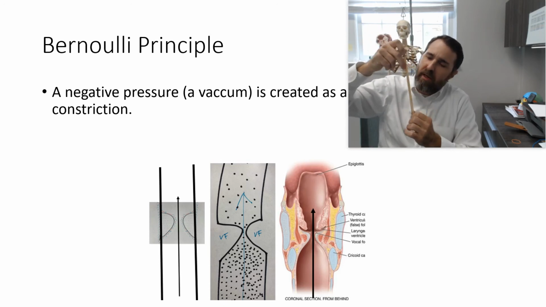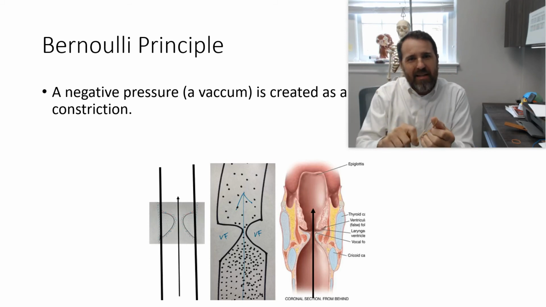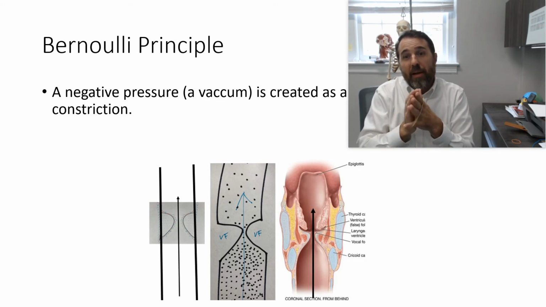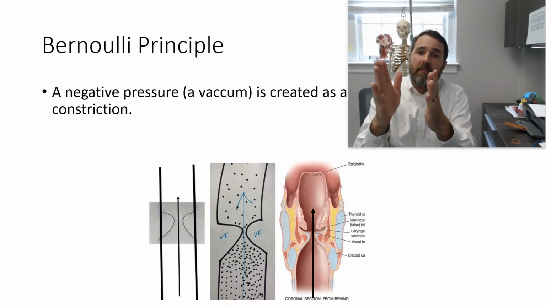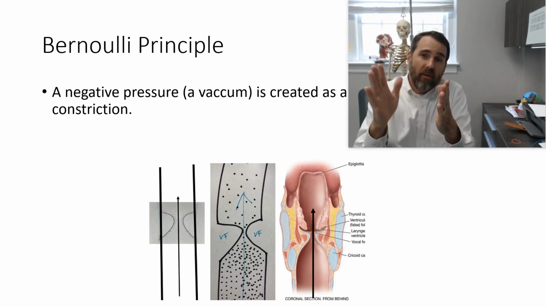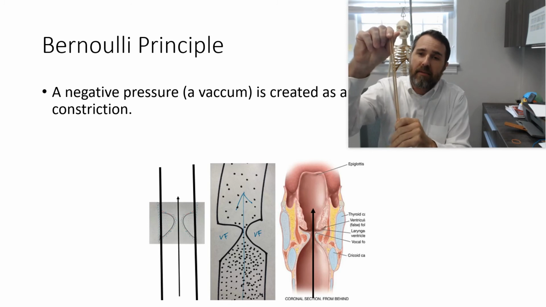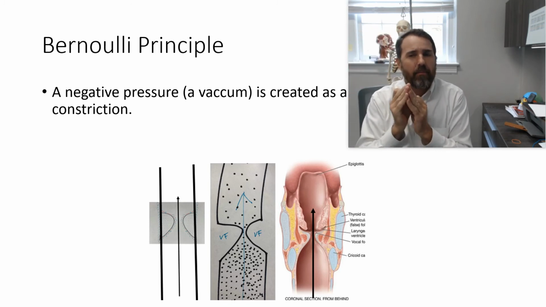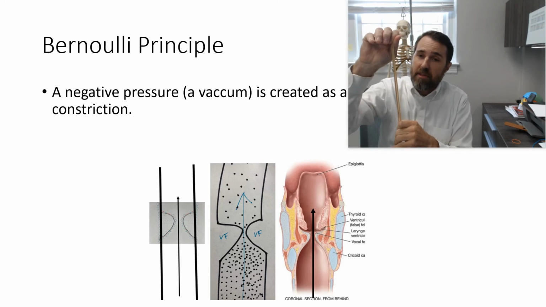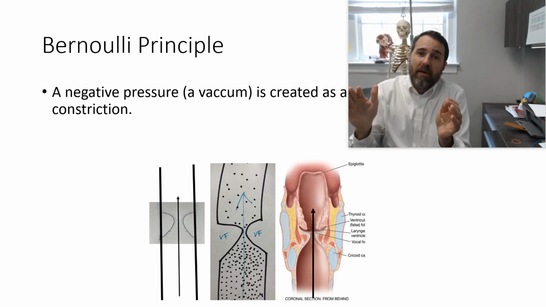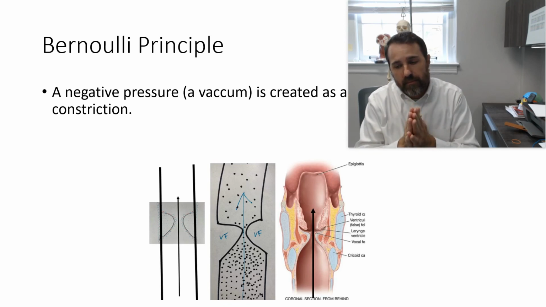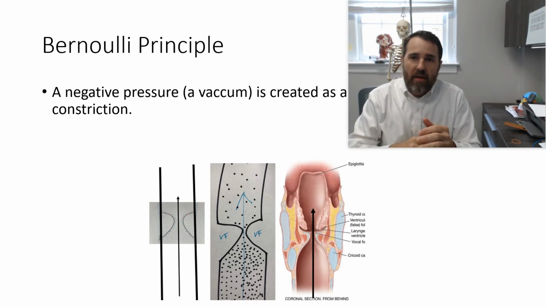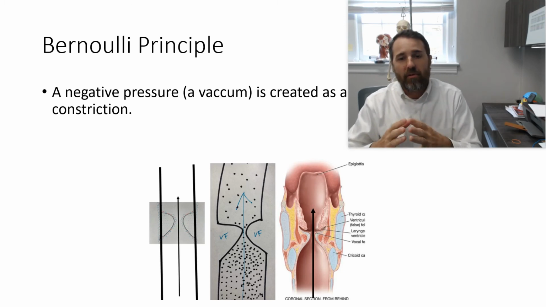So when I blow between the rubber bands, the two sides of the rubber band are pushed apart, and then the air rushes between them. And when the air rushes between the sides of the rubber band, they're sucked back together. And then I'm still blowing so that they're blown back apart. And then the air rushes between them and they're sucked back together. This is analogous to vocal fold vibration.